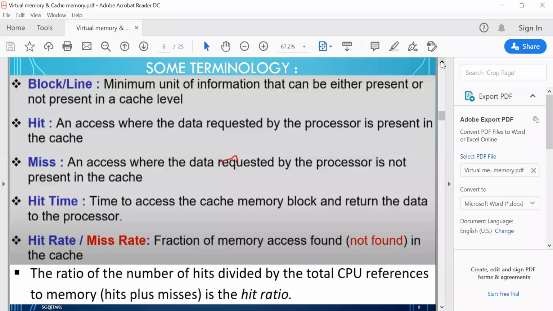Another term which is often used to refer to a cache block is cache line. And another term which is related to the cache memory is called hit. So what is a hit? A hit means an access where the data requested by the processor is present in the cache.